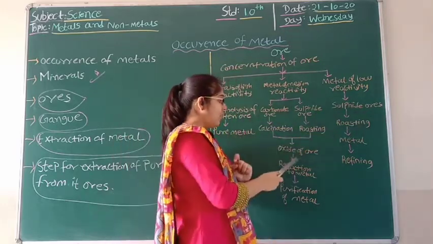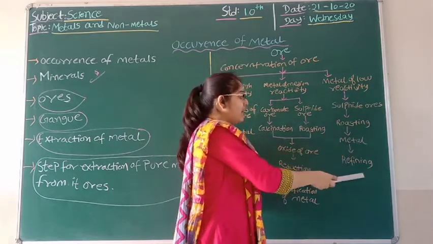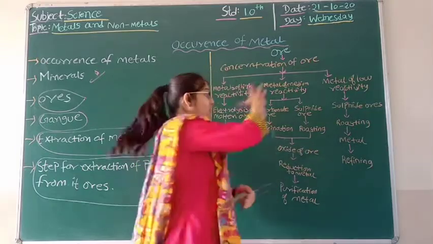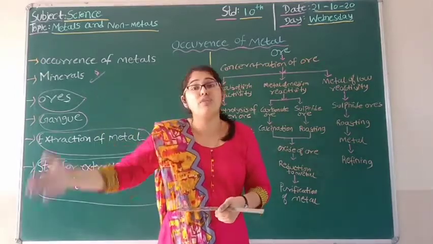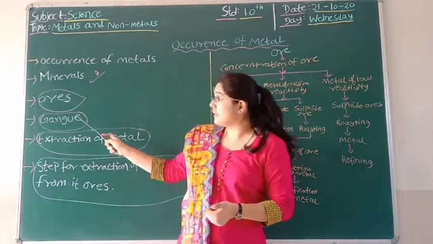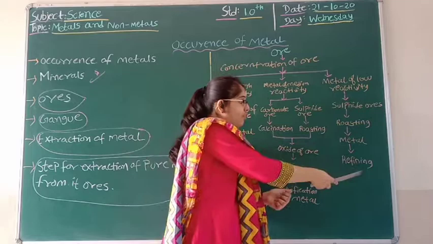There we get oxides of metals, and here we get metals, and after that we will do refining. Refining is nothing but purification of metal. After all of this process we are going to get our metal, but it will not be in a pure form. Along with that there are going to be impurities, that is, gangue. To remove that, we will go for refining of the metal.